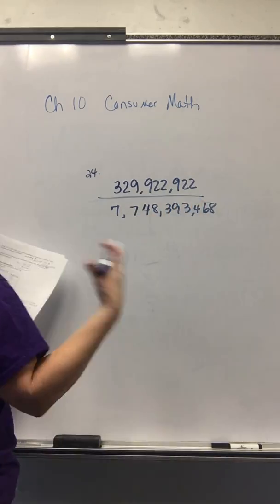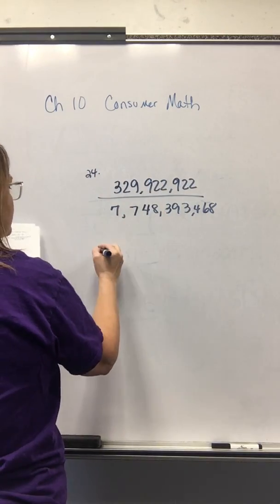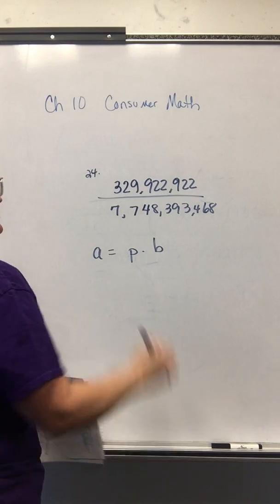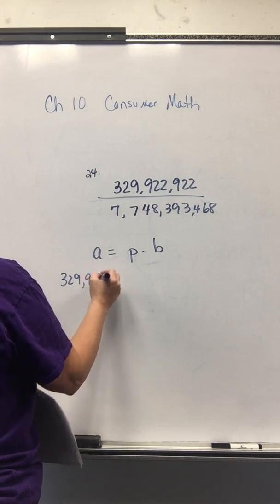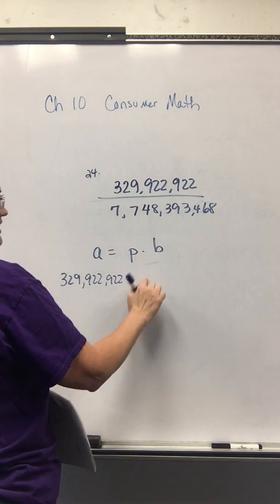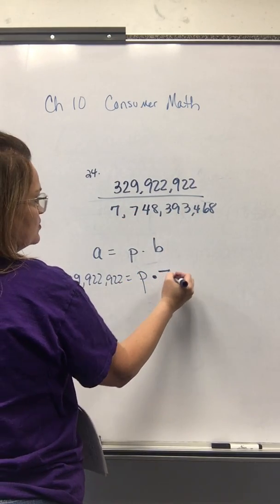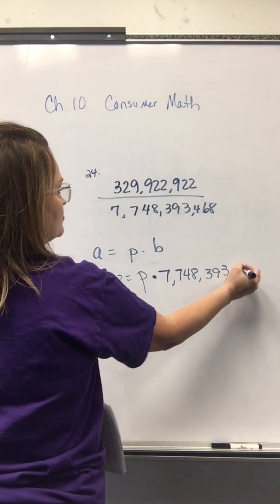And you may just intuitively know it's a division problem, the amount divided by the total. But doing it with my method, the amount is the United States population, equals P, what percent, of the base, the whole world population, the estimate of the whole world population.